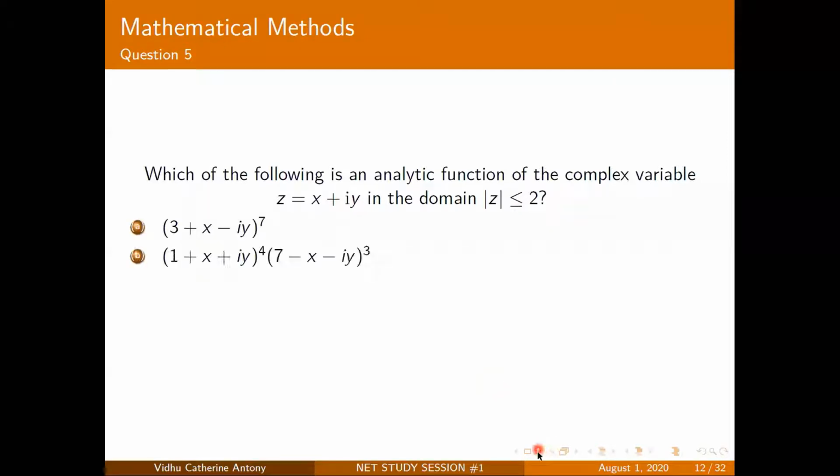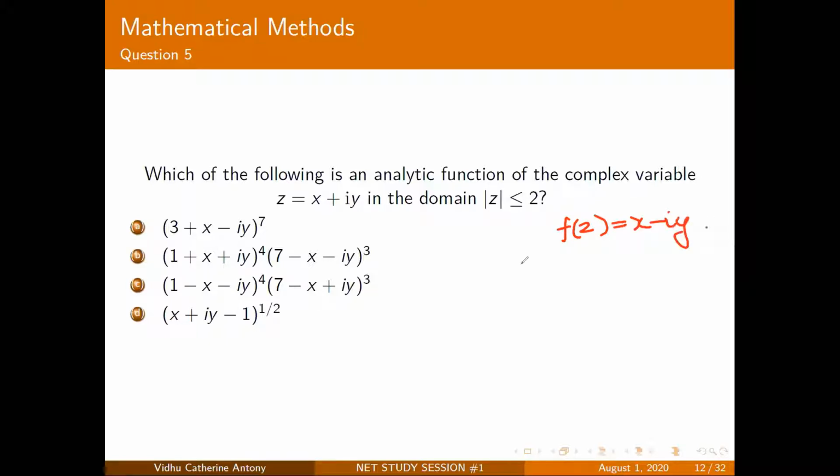So these are the options that you have. Now, let's look at this one particular function. If your f of z is equal to x minus iy, let's see if the CR equations are valid for this one. The Cauchy-Riemann equations, let me put this as u minus i v. Dou u by dou x is equal to dou v by dou y.